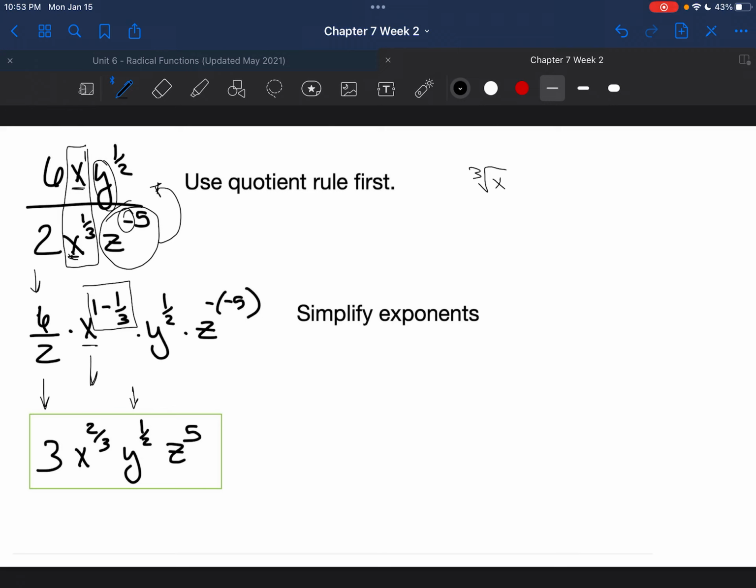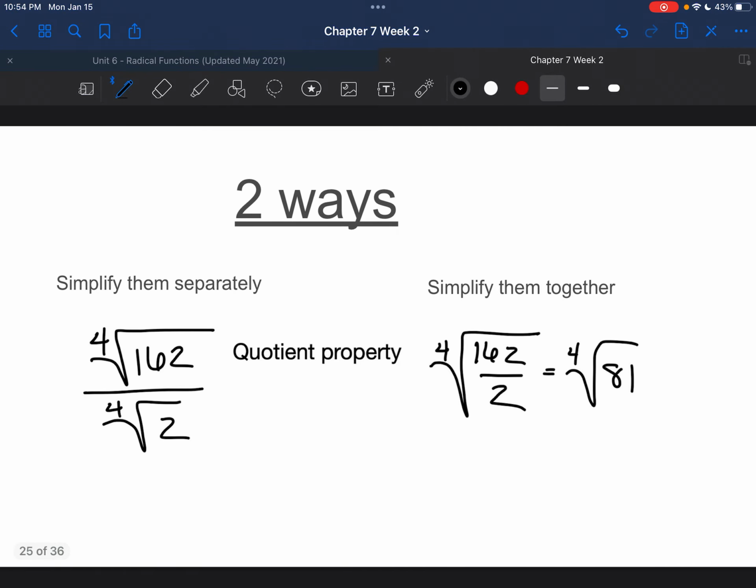So the only one that we really need to work with is this x, and I've got 1 minus 1/3. So I could say 3/3 minus 1/3 gives me 2/3. So we're able to simplify exponents when they are in exponent form. Now let's look at radicals when they're divided.